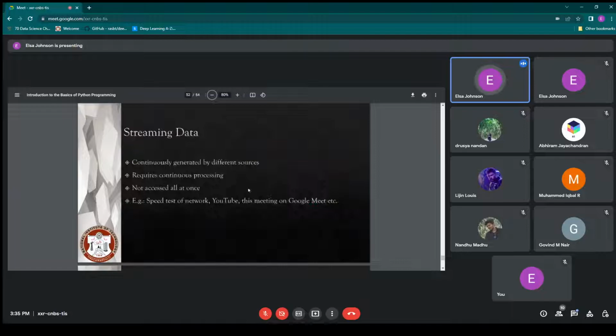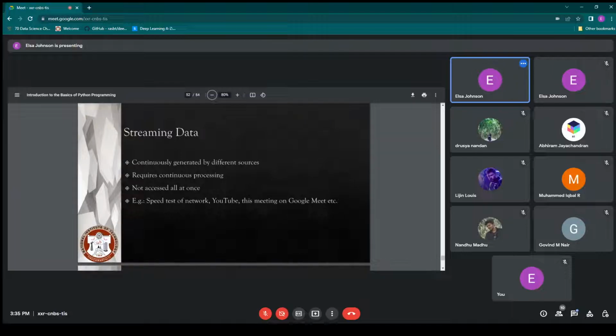And finally, the next one is streaming data. Streaming data is continuously generated by different sources. It requires continuous processing and cannot be accessed all at once. For example, in the App Store you can get apps to see the speed test of the network, then YouTube, and the meeting I'm doing right now on Google Meet. These are all streaming data.